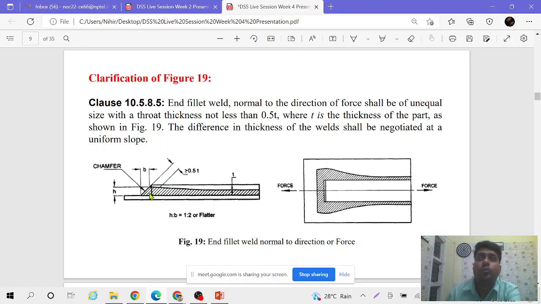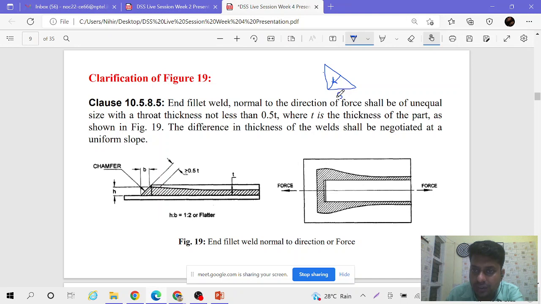From the previous lectures, when we calculated the value of K, that is 0.707 for 90 degrees, you saw what we were considering. Let me draw a picture. If this is the throat thickness T, we have to calculate this throat thickness.